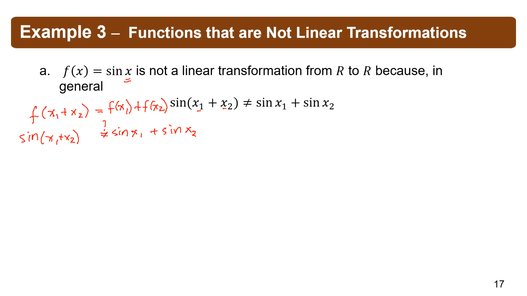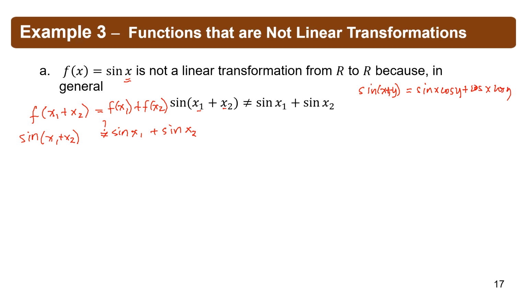Of course, they are not equal because in trigonometry we have the identity. In your previous trigonometry, we use x and y, no? Sine of x plus y. If you recall the sine identity, you have sine x cosine y plus cosine x sine y.